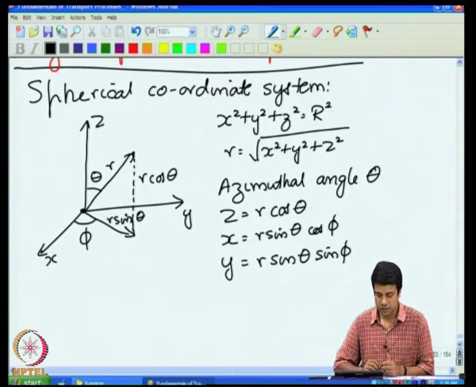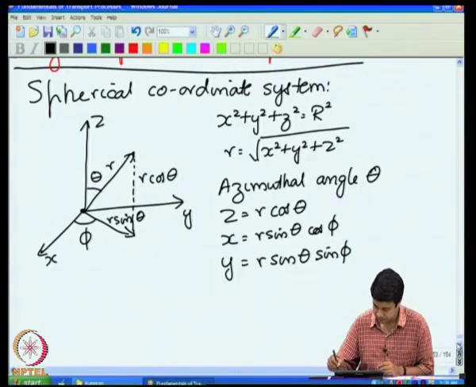That means that the temperature and concentration fields depend only upon the distance from the origin, not upon the angle around the origin or the angle with respect to the z axis.